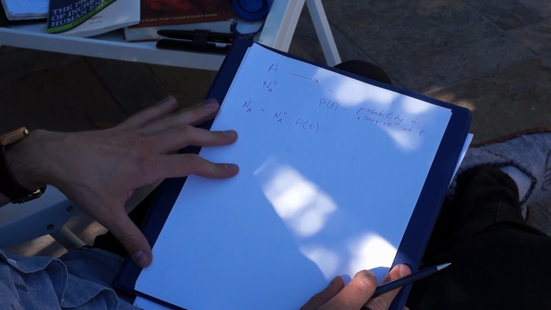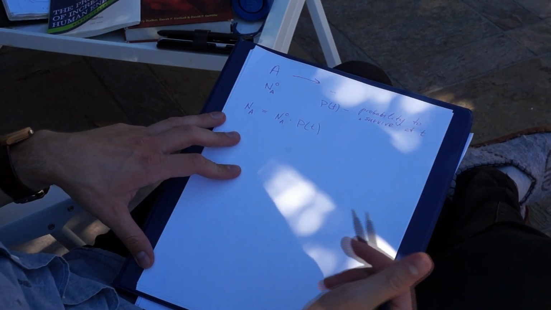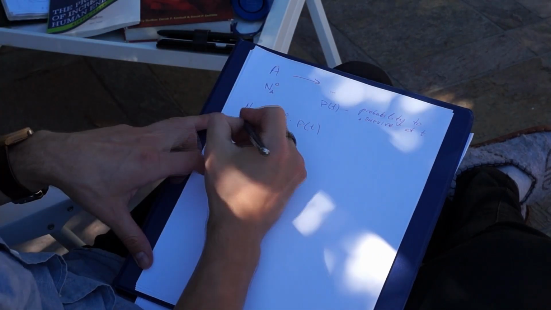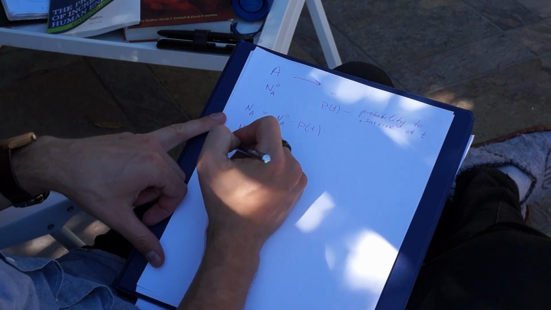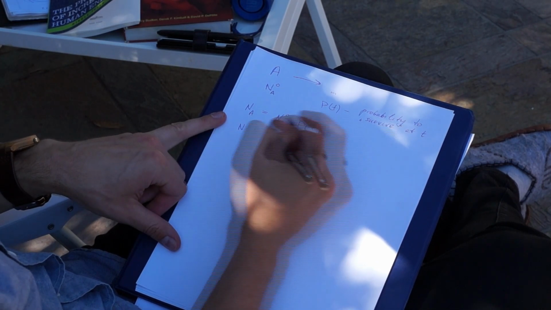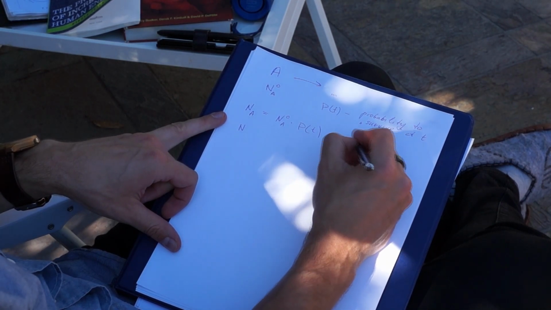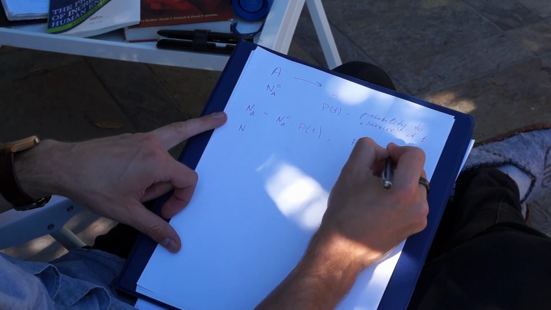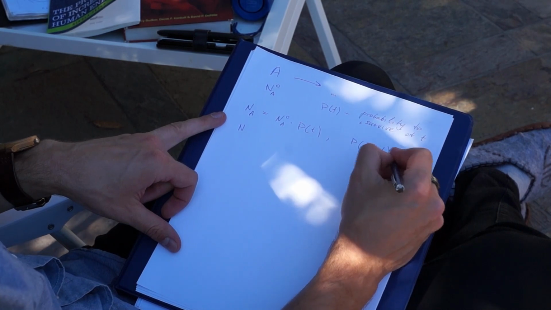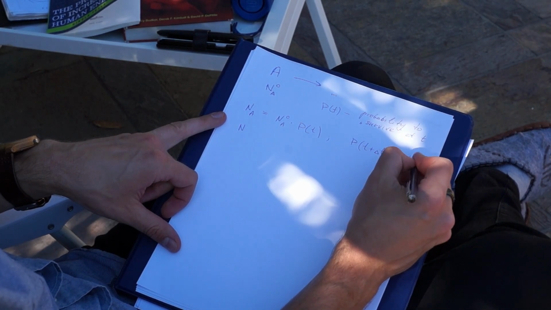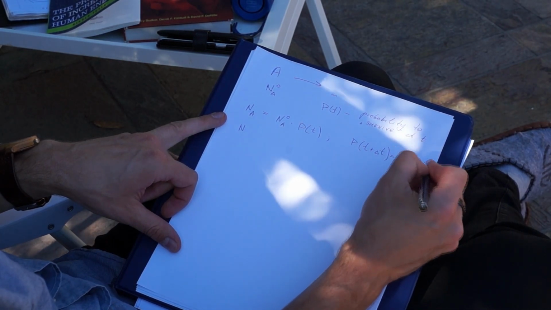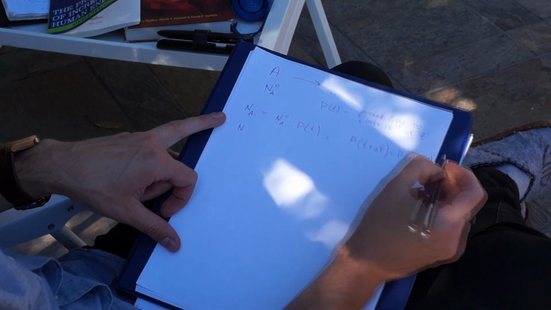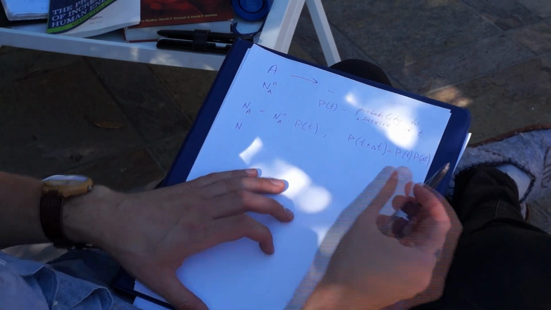So what happens next? Let's see what happens if we ask the question: what is the probability at time t plus delta t? We introduced this without derivation, but it comes from a very basic principle that probabilities of individual events are multiplied.